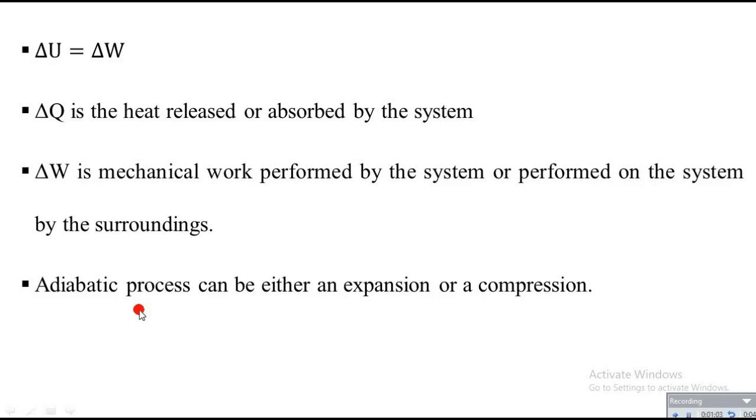An adiabatic process can also be a compression, where the gas is compressed, the volume is reduced, and delta Q is equal to 0. In that case, we have adiabatic compression. So we have two different types of adiabatic process, adiabatic expansion and adiabatic compression.